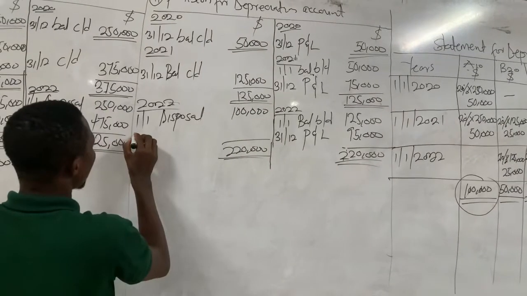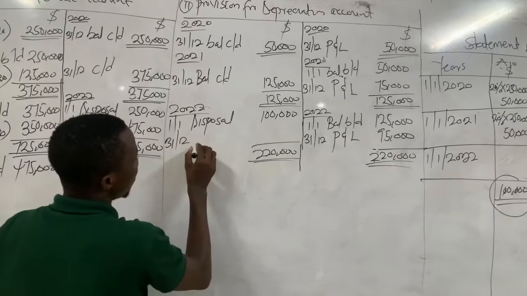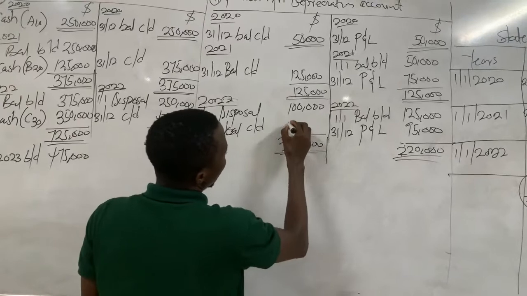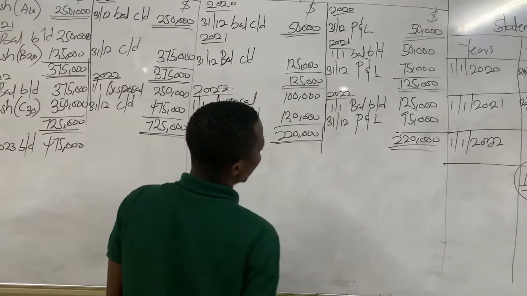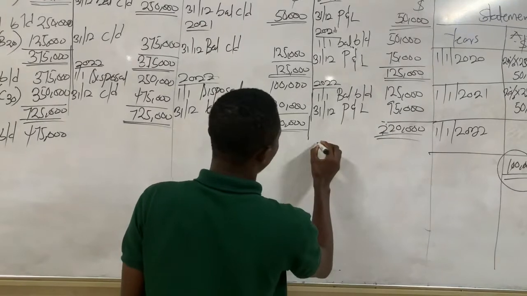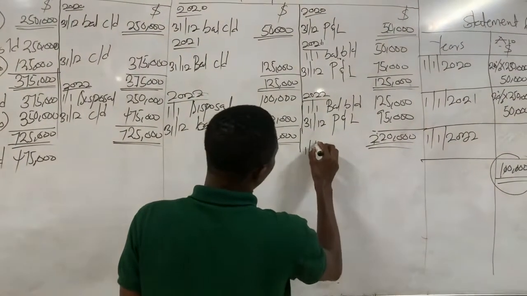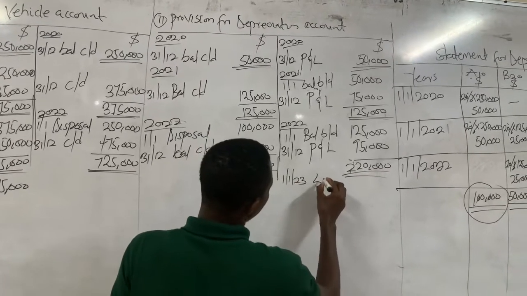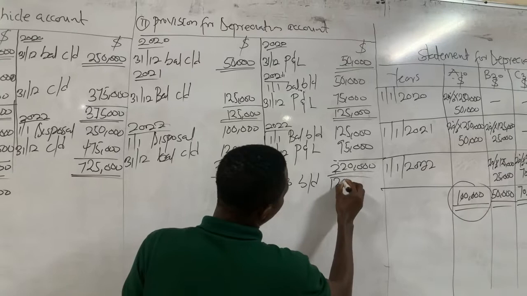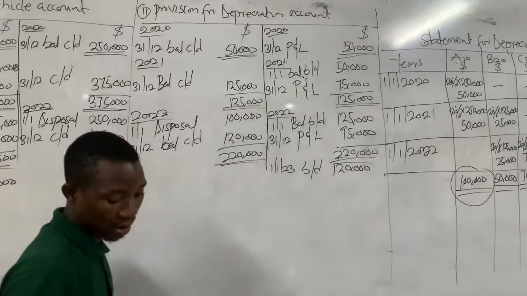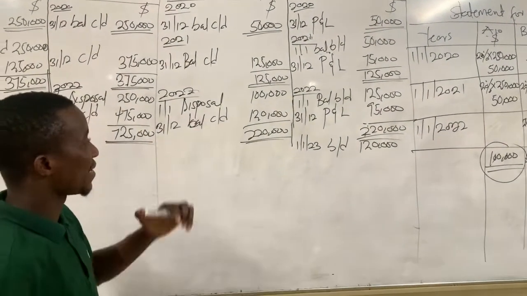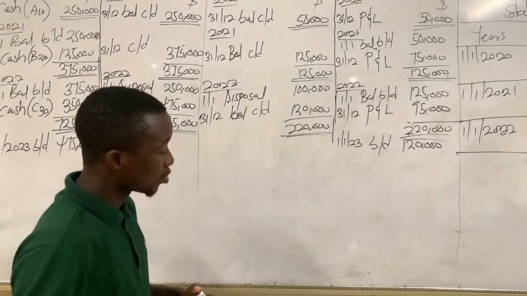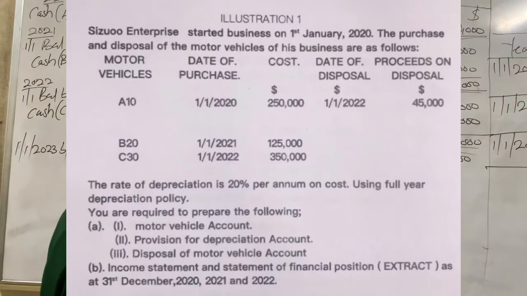And then at the close of the period, that is 31st December, the carrying amount, the balance c/d, will be $120,000, and this will be on the 1st of January 2023 as the balance brought down of $120,000. Is that okay? So we are done with the provision for depreciation account. So let's quickly move to the requirements.